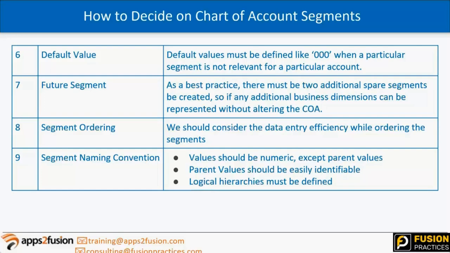We already created certain default values for all those 7-8 segments, but in a general business scenario, we usually create only up to 2 future segments. We don't create more than 2. But that is a specific business requirement.